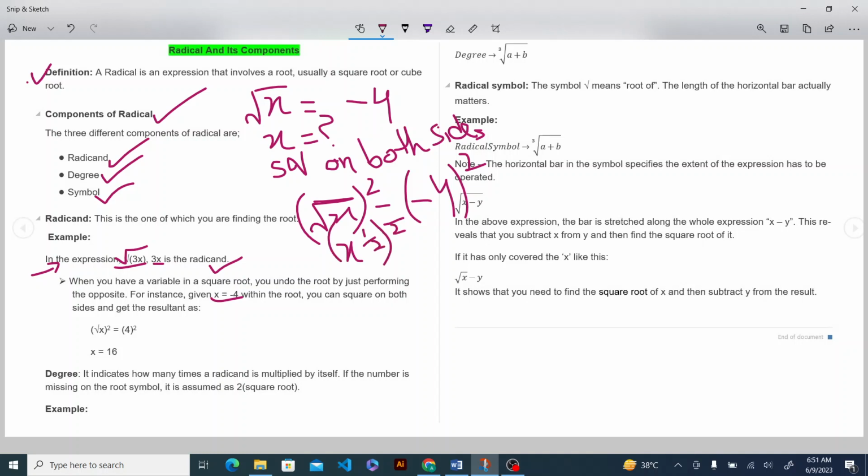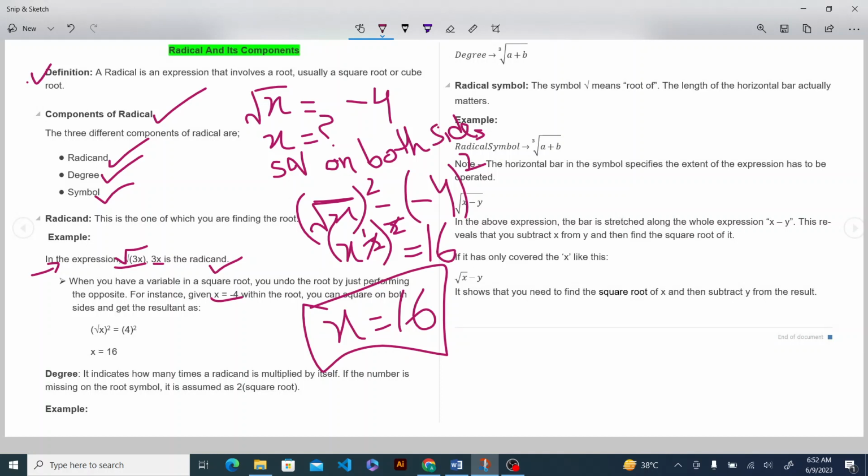So when we take it square and the power is 1 upon 2, this will be cancelled out with this, is equal to minus 4 into minus 4 will be 16. Because 4 into 4 is equal to 16 and minus into minus is positive, it will be positive 16. So x will be equal to 16. So this is the way to solve the equations with square root or cube root sign.